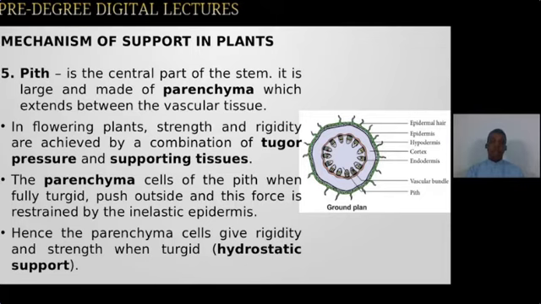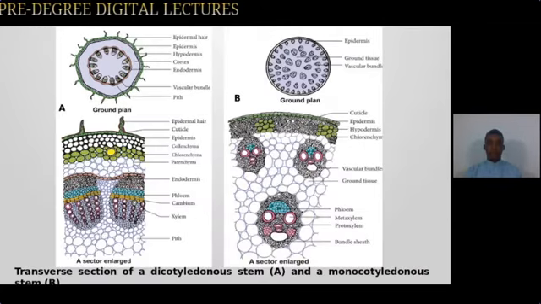They push outside with a force, and then this force is also restrained by the inelastic epidermis, so making the plant firm. So in other ways, we are saying that parenchyma tissues, because of their turgidity, provide hydrostatic support to the plant.